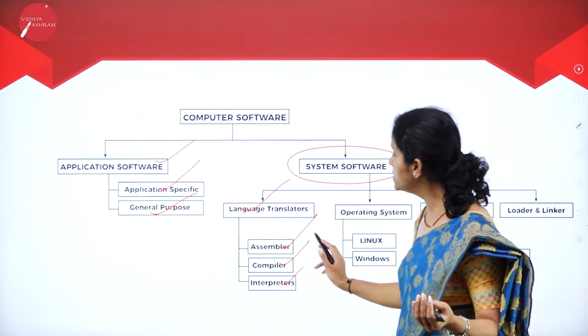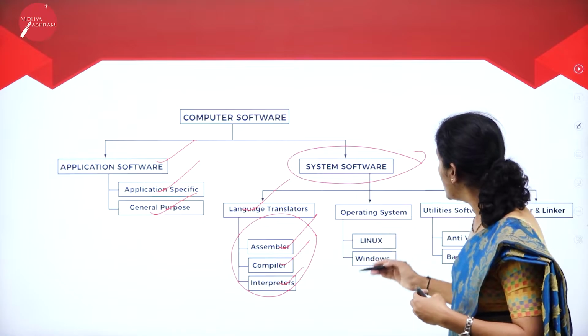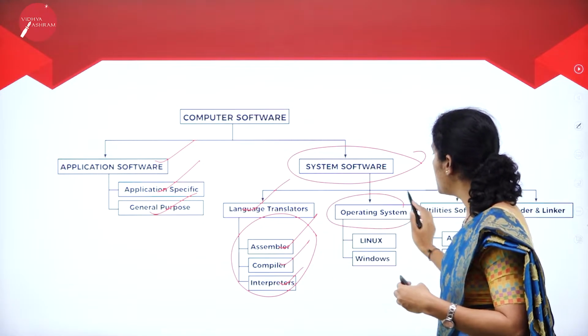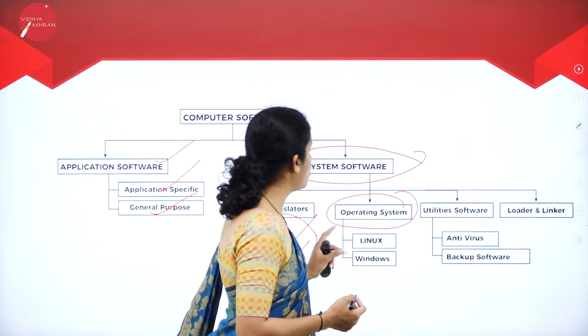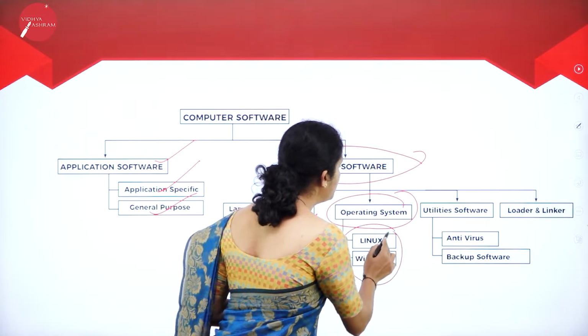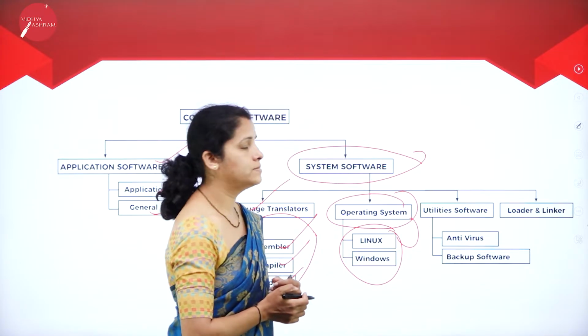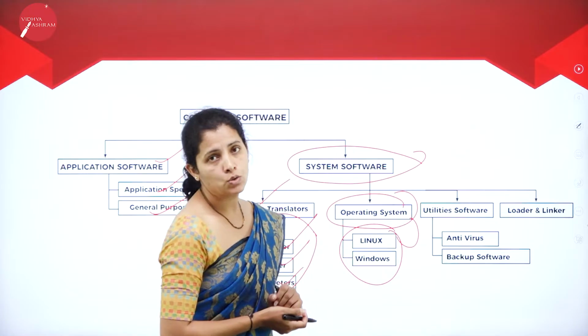Anyway, we are going to study all these topics in my next session. Under operating system, I have the Linux operating system, Unix operating system and Windows operating system. That means these are examples of operating systems. And we have utility software.